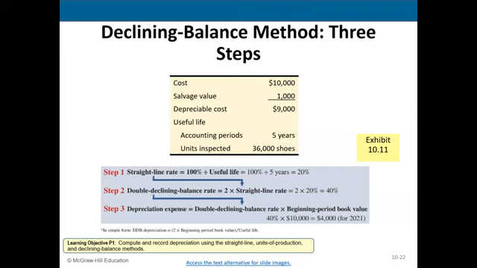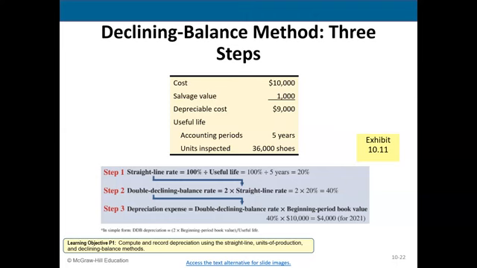We compute it by multiplying the 40% rate by the asset's beginning period book value, also known as the cost. So 40% times the cost, 10,000, equals $4,000 of depreciation expense in year 1.